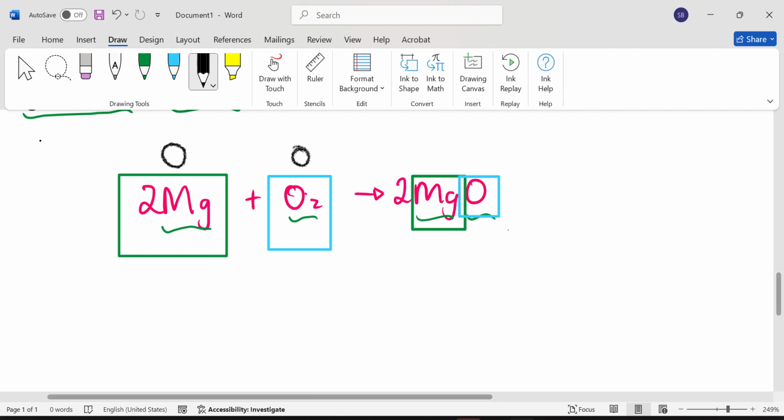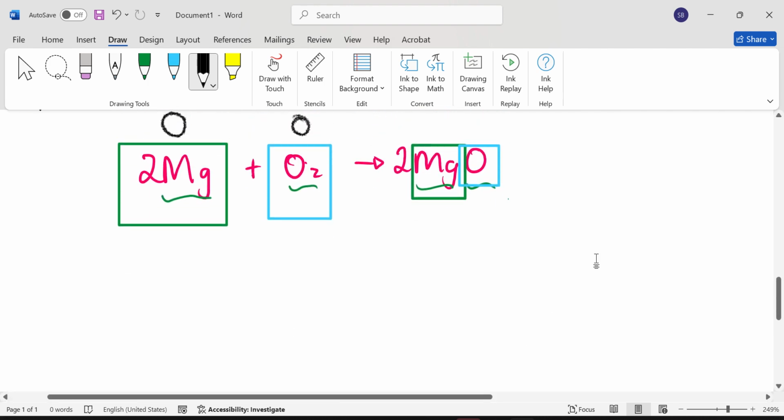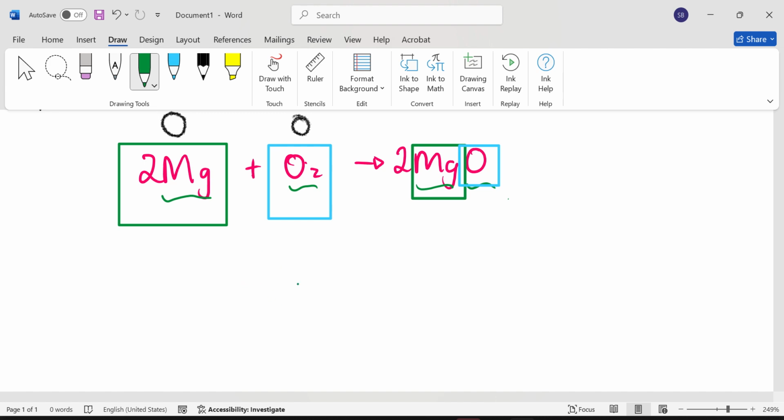However, remember, in magnesium oxide, back in grade 10, when you had to form certain compounds, you would say, okay, magnesium is in group 2, and oxygen is in group 6 and has a charge of 2 minus. The charge on magnesium is 2 and the charge on oxygen is 2, with different signs.